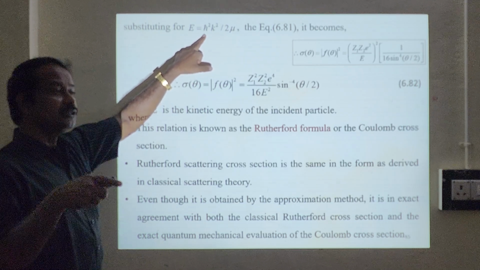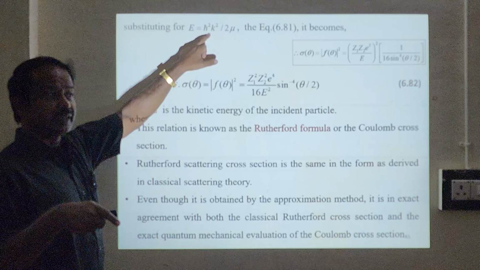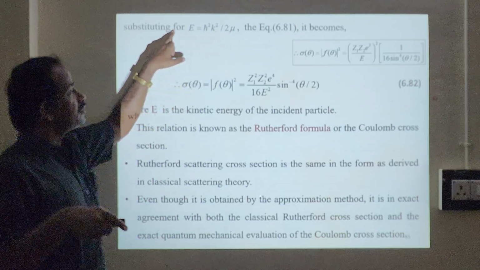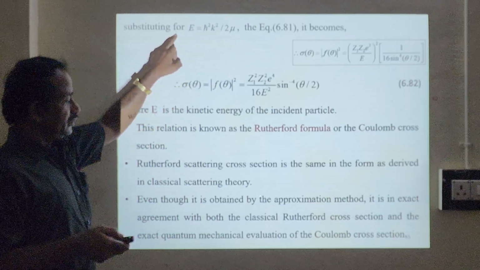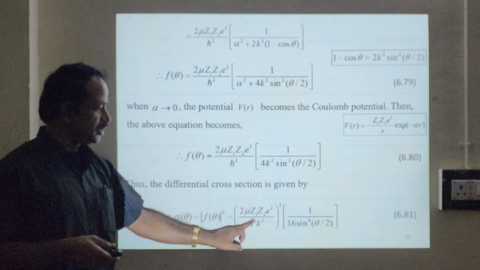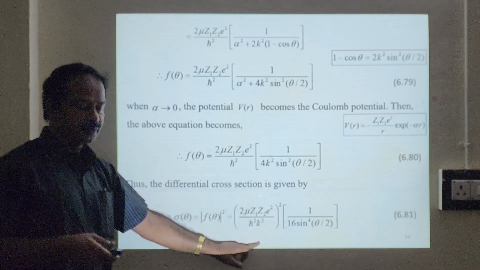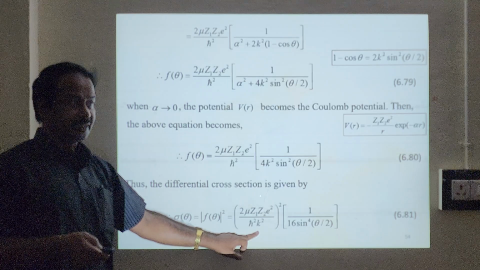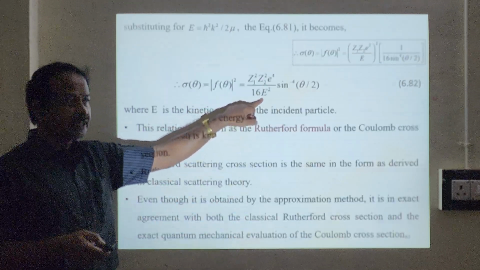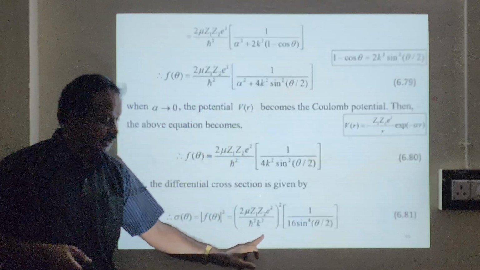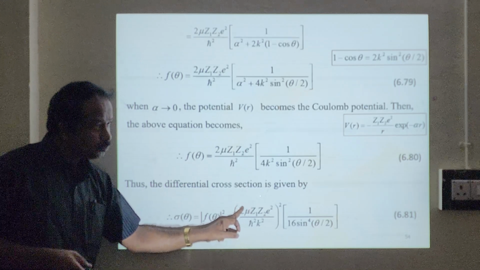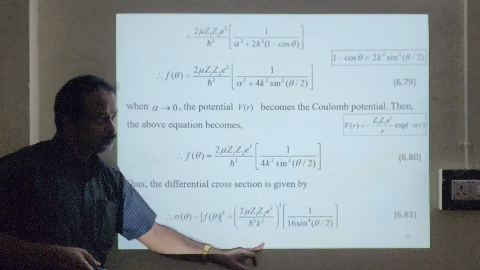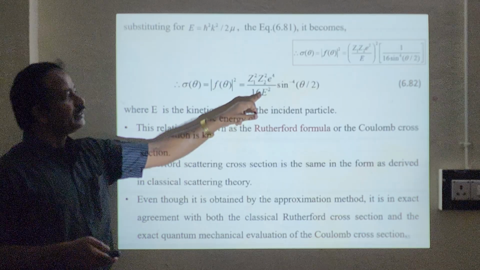Instead of P you can substitute h bar k. So h bar squared k squared divided by 2 mu is nothing but your E. So here you can substitute h bar squared k squared divided by 2 mu, which will give you E. So E squared.